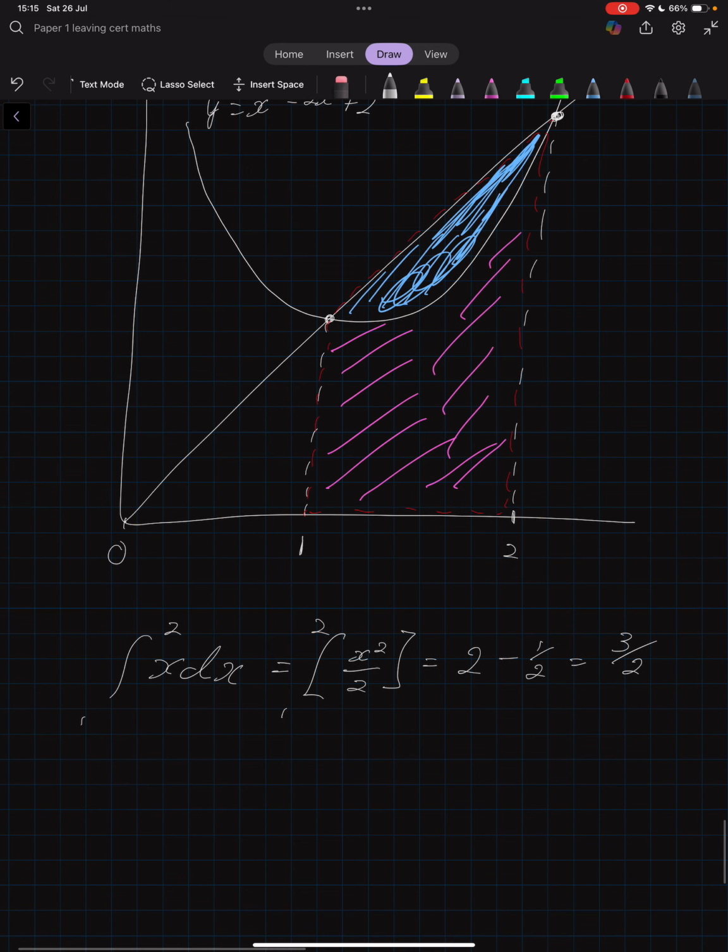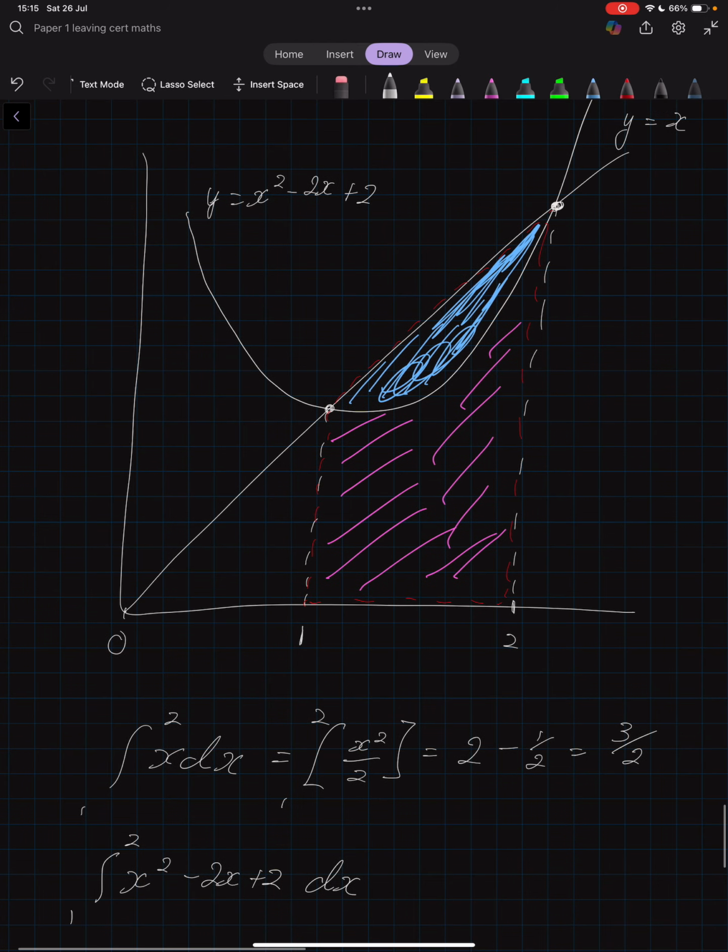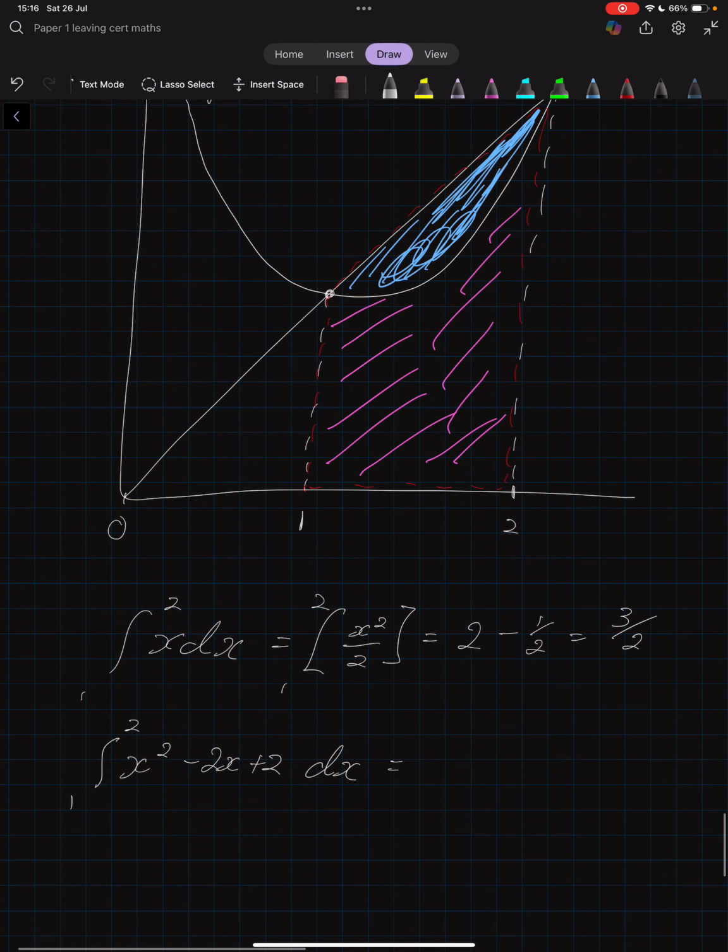Now, if I integrate the x squared minus 2x plus 2, and I integrate this from 1 to 2 again, you get from 1 to 2 of x cubed over 3 minus x squared plus 2x.